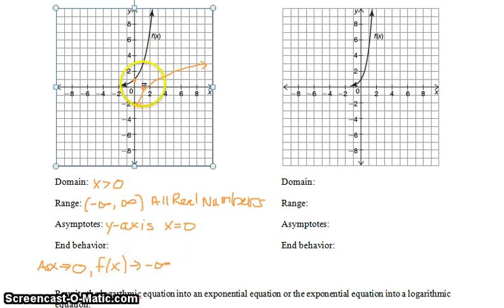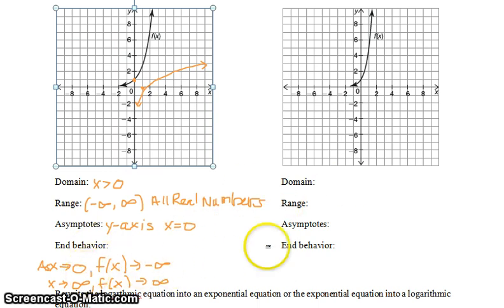The graph goes down. So as the x values get smaller and smaller, the y values get more negative. If you talk about as x approaches infinity, so as it moves to the right, what happens to my y values? My y values, or f of x, continue to grow or go towards positive infinity.